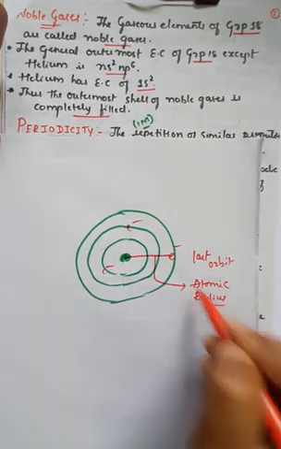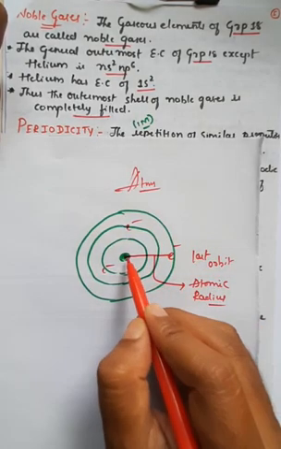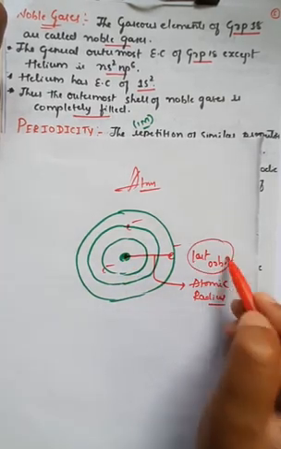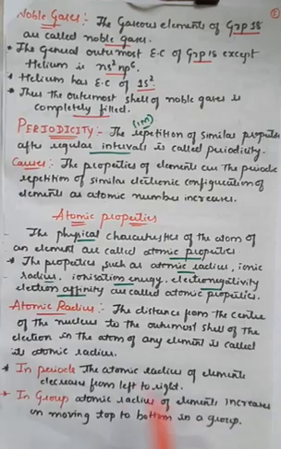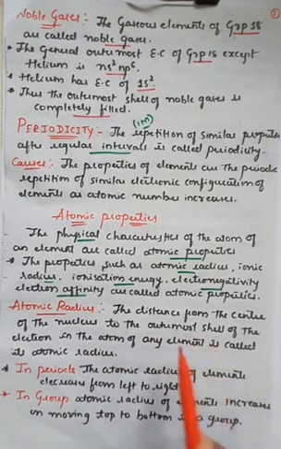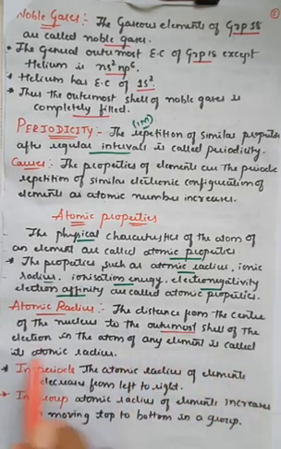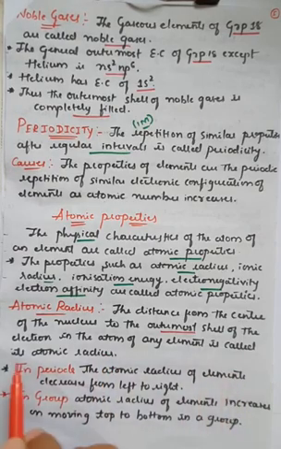If you consider this as an atom, the distance between the center of the nucleus and the last orbit is called atomic radius. Here you can observe the definition: the distance from the center of the nucleus to the outermost shell, which is the last orbit, in which the electron is present in an atom of an element, is called atomic radius.